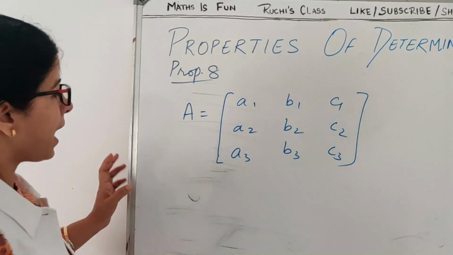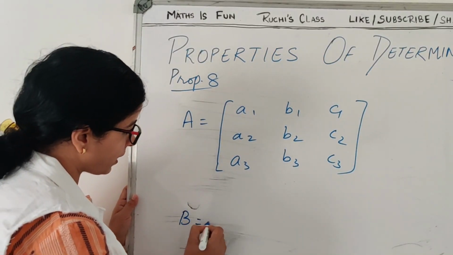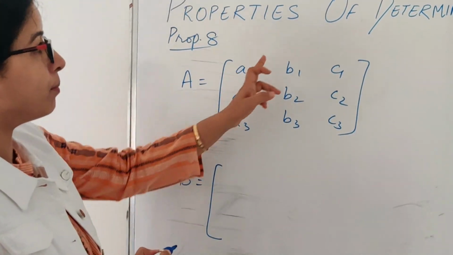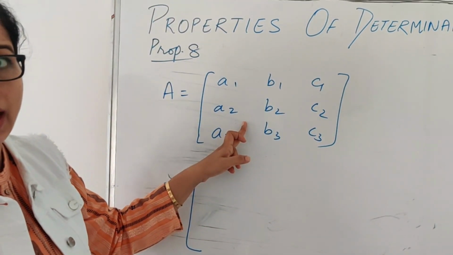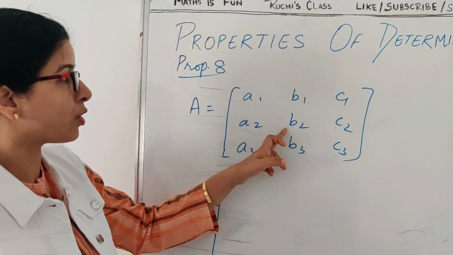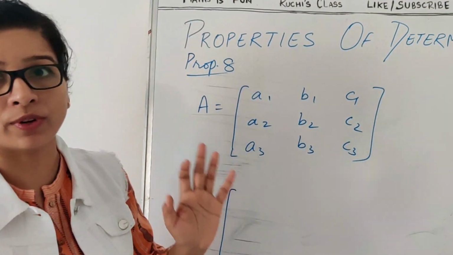So I have a square matrix A of order 3. These are the elements, and I have obtained the B matrix by multiplying the second column by a scalar K, and then I am adding it to the corresponding elements of the first column.